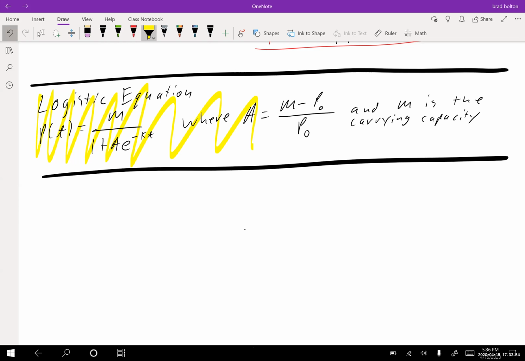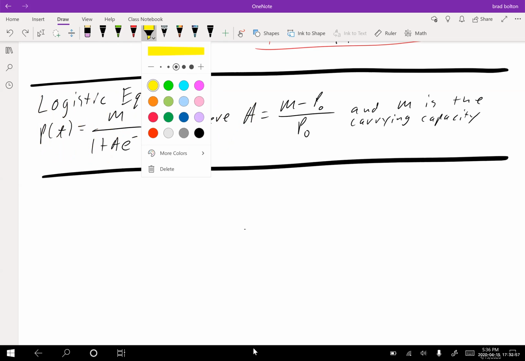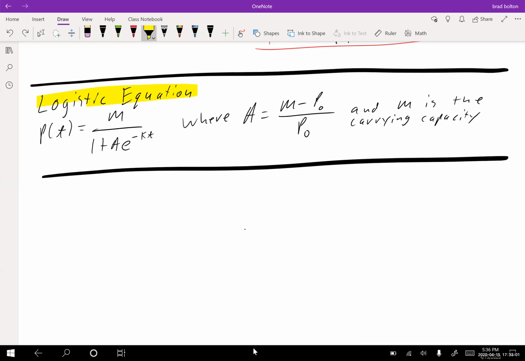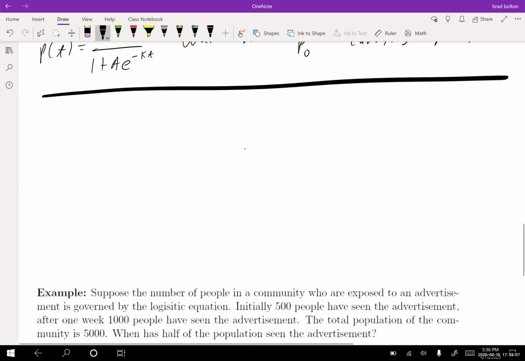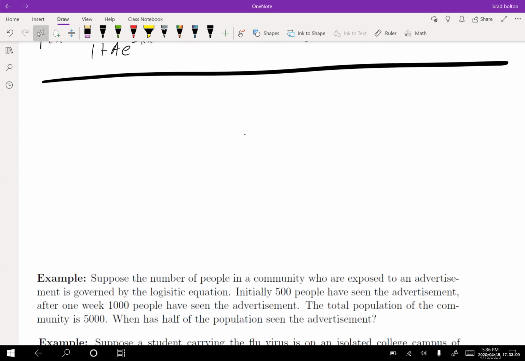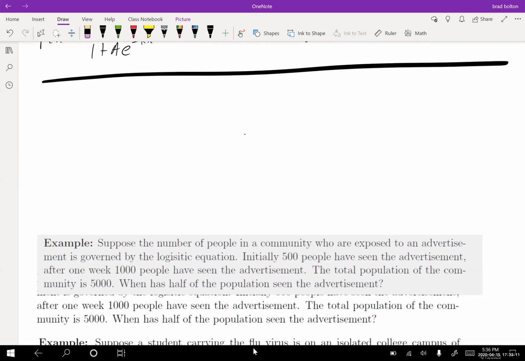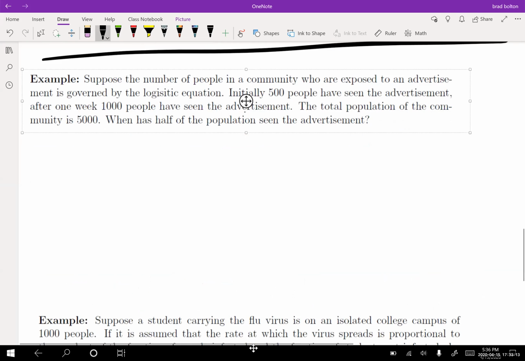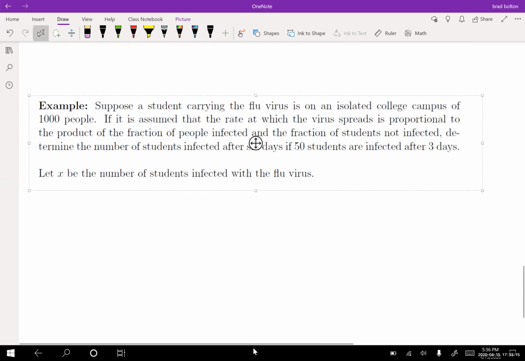I don't like how that looks. Let's try that. So that is the logistic. Okay, so now we're going to try it with this first problem. So we have this one, and this one I'll move down a little bit.